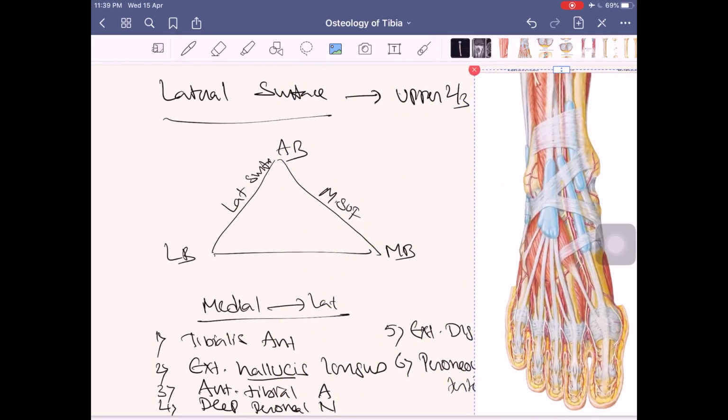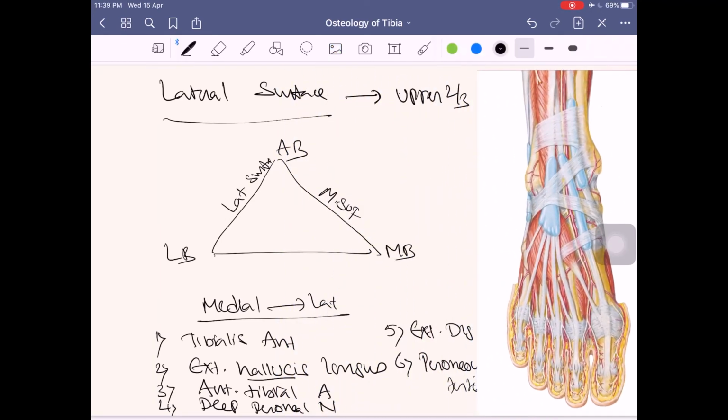So you can see here, you can identify some of the structures here. These are your retinacula, what you are seeing. Anyways, our concern is to identify this one. This is your tibialis anterior tendon, and after tibialis anterior you see another tendon which is going to the great toe. You can see that is the second one. This is called extensor hallucis longus because it is going to your great toe.